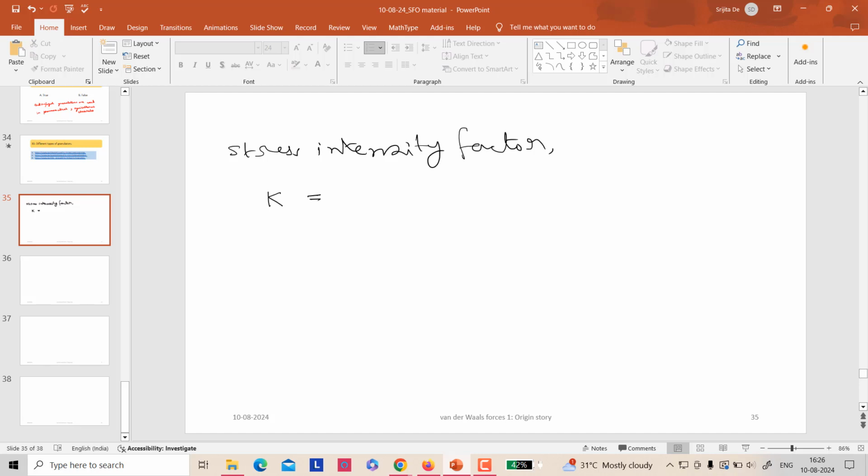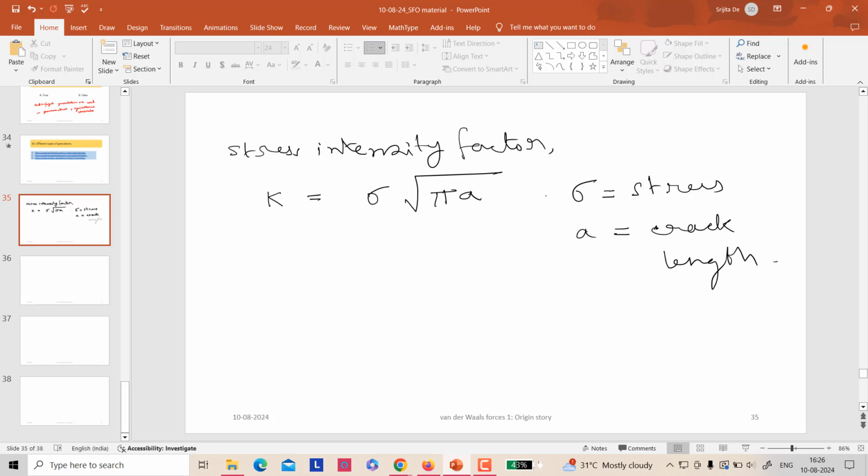K is the stress intensity factor. This is sigma root under pi and A. Here sigma is the stress, applied stress, and A is the crack length, that like for what stress the crack length opens up. Okay. So this is the formula.